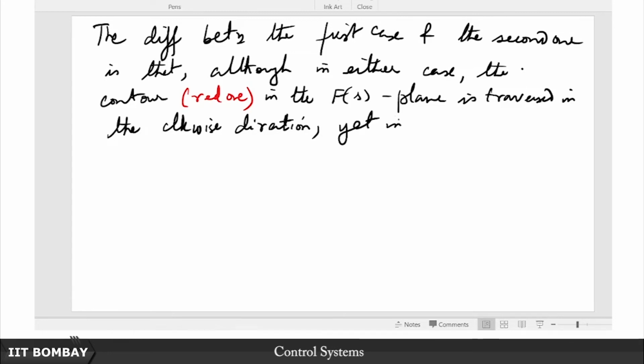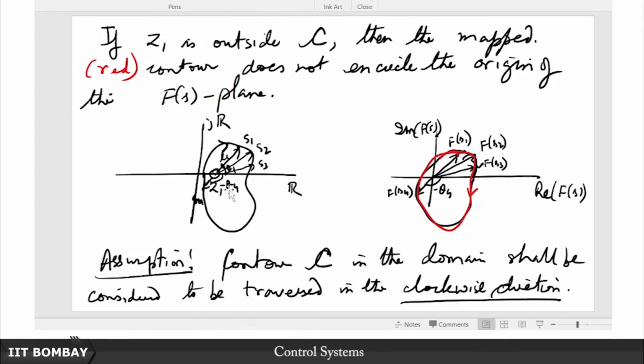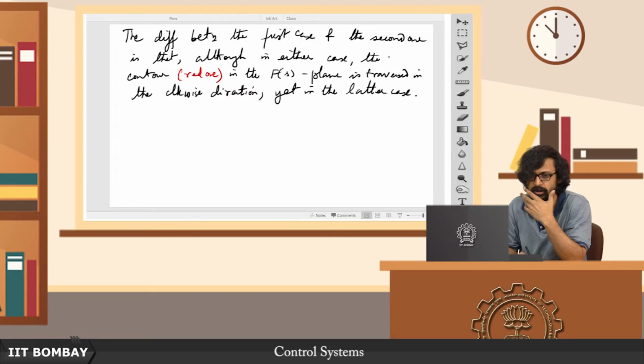Yet in the latter case, that is in the second case when Z1 is inside the contour that you have chosen, what happens?